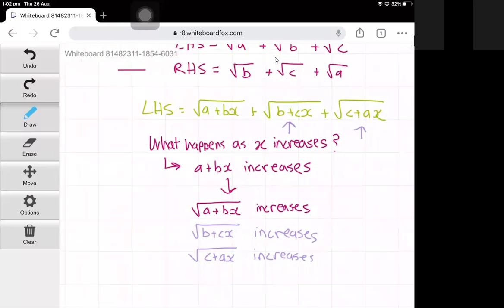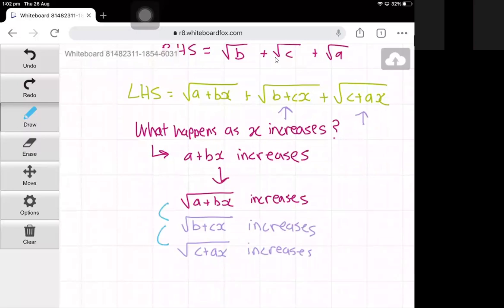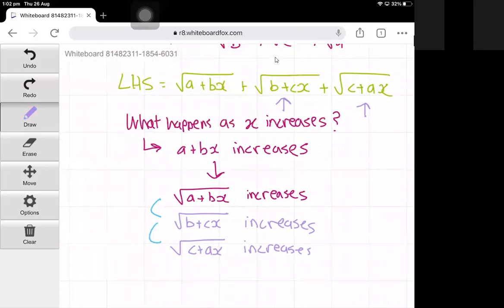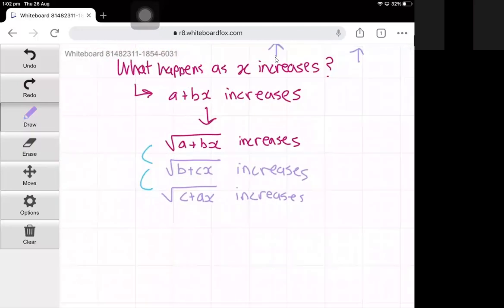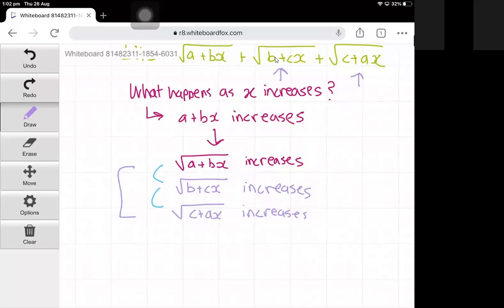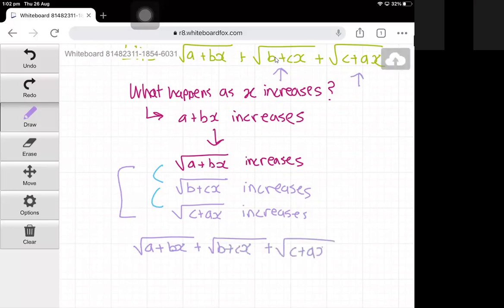So since each of these three square root terms increases as x increases, if we add them all together, the whole sum increases. So this entire expression increases as x increases.